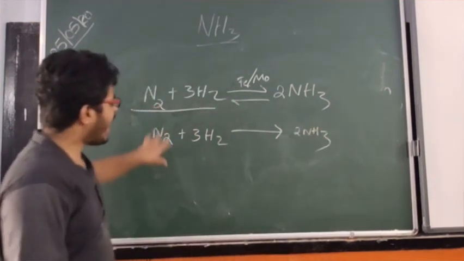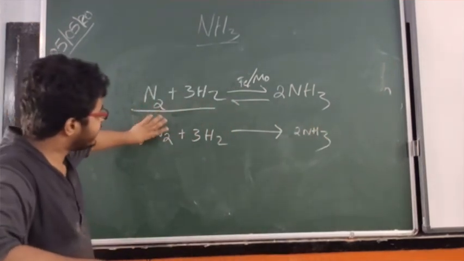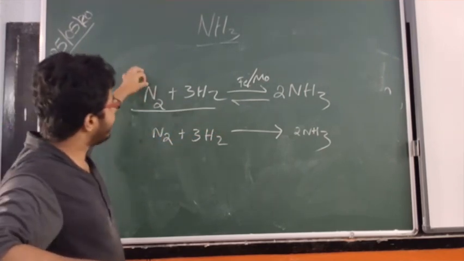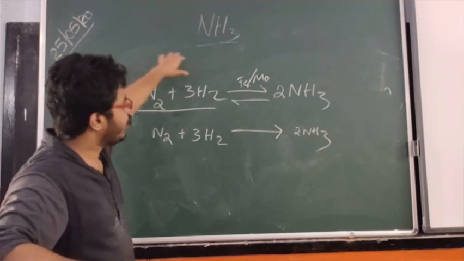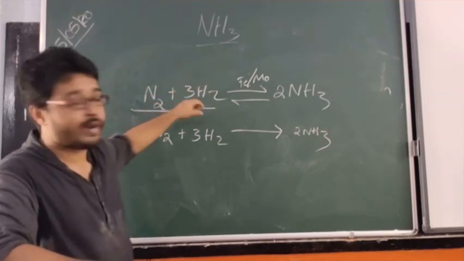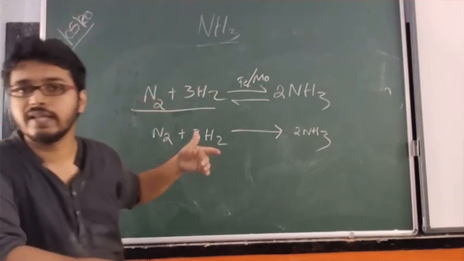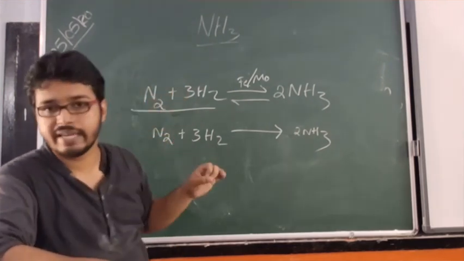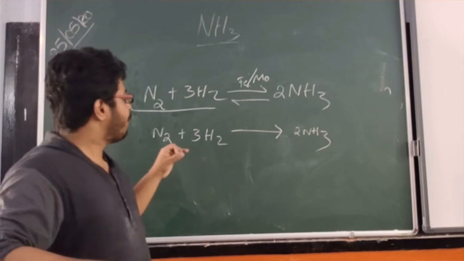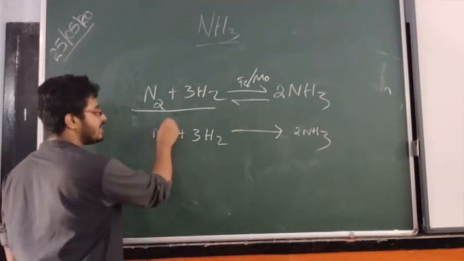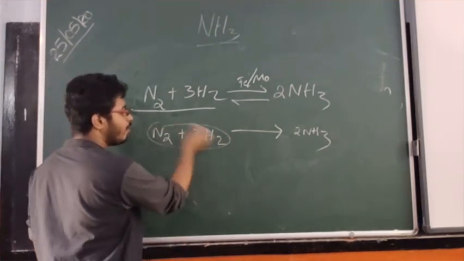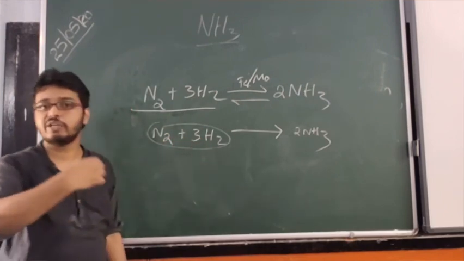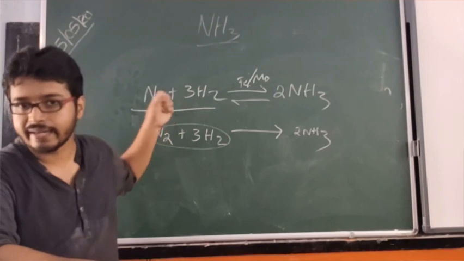Suppose I increase the volume of reactants. Either I can increase the volume of nitrogen or the volume of hydrogen, or I can increase the volume of both. Since there is a large amount of N2 or H2 or both, the reaction will go in such a manner as to reduce the amount of the reactant.